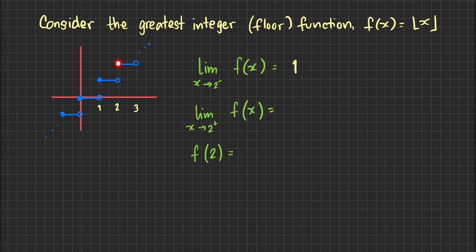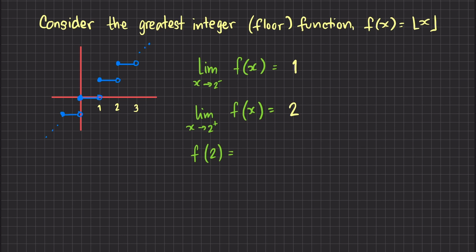Lumalapit siya dito sa point na ito, and the y-coordinate of that point is 2. So tama naman, no? If you consider points that are greater than 2 but are close to 2, like 2.01, 2.001, magfo-floor siya pababa kay 2. So the limit as x approaches 2 from the right side of the floor function is 2.